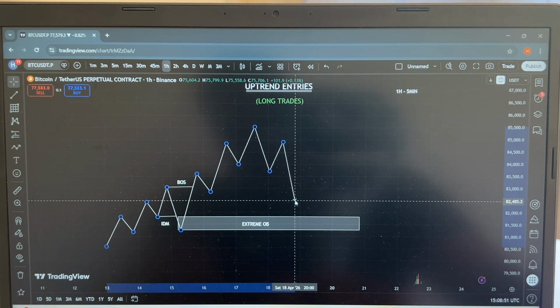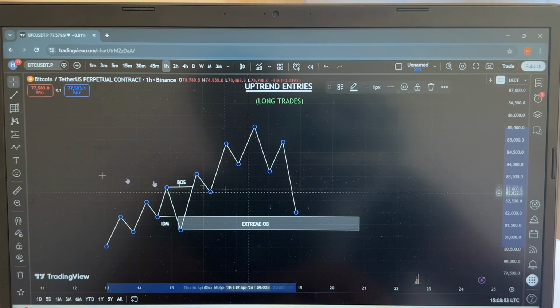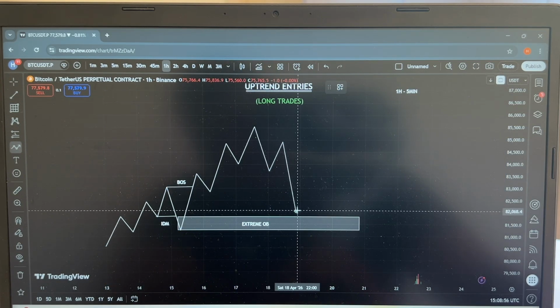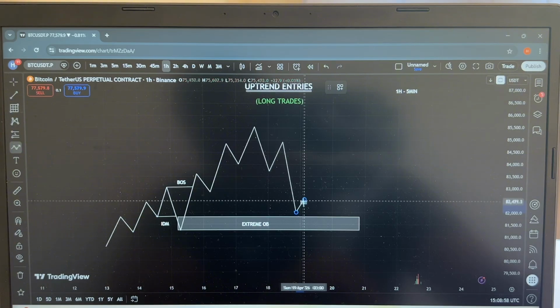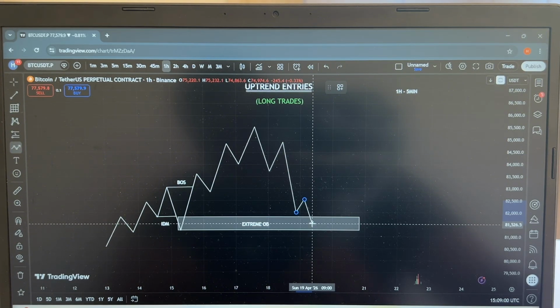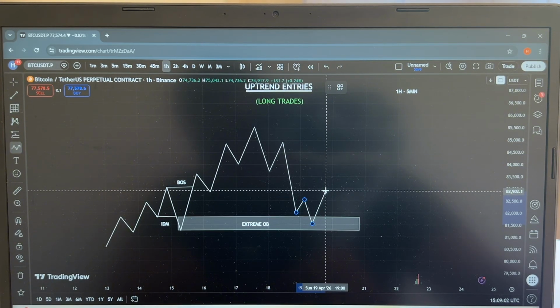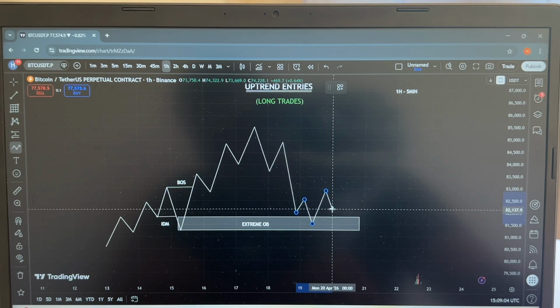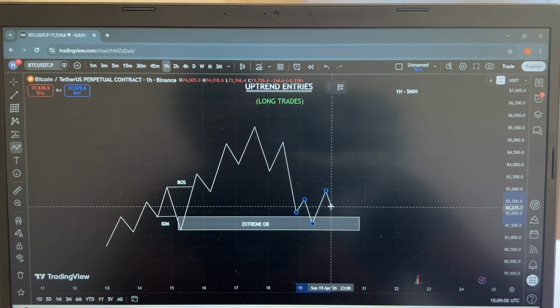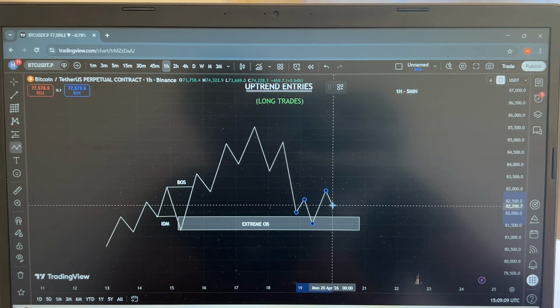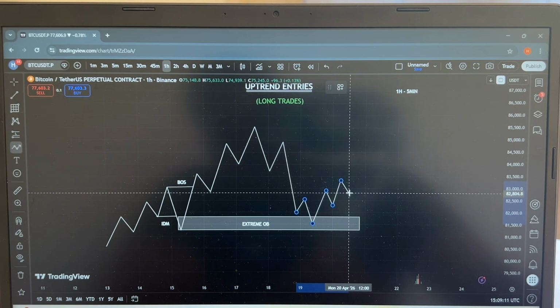When you go to a smaller time frame, we can clearly see that the market made a small high somewhere over here, then it went towards the extreme order block, and then it broke that high, and then we feel that it's gonna go up. Just let it go up for a bit.